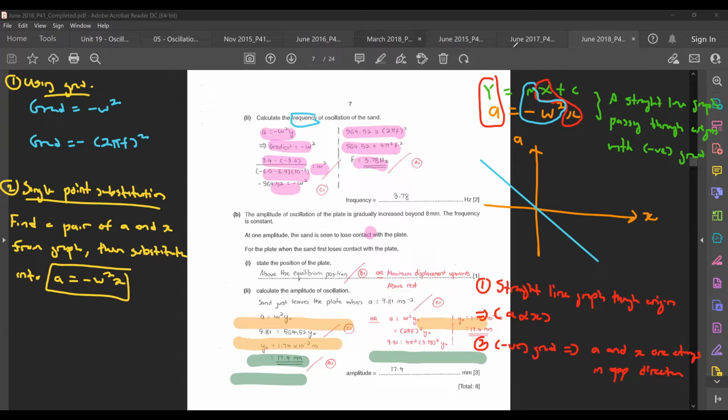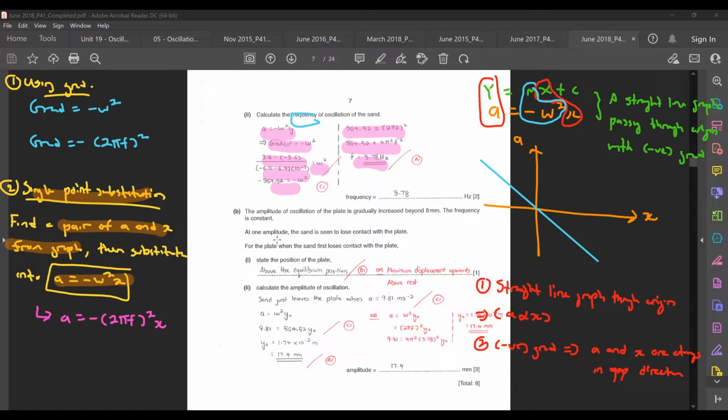Okay, this is another method that you can also use. Find a pair of a and x from the graph, and then substitute into a equals negative omega square x. And just make sure that eventually you make it into a equals negative 2 pi f square x. Okay, because you want to find f in the first place. Right? So you do the second method, it's also fine. Okay, not necessarily you always need to use gradient.